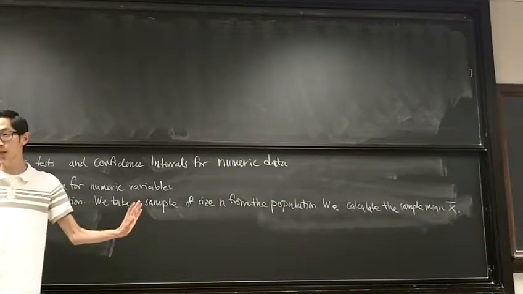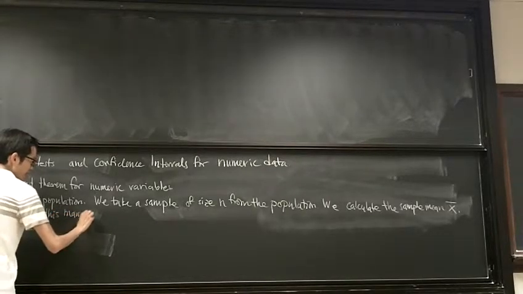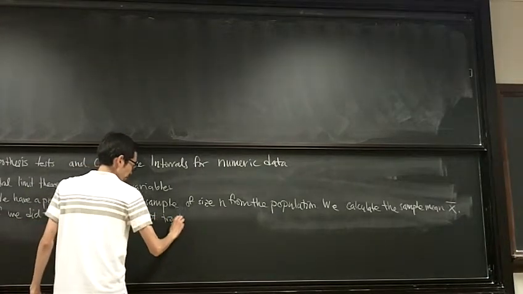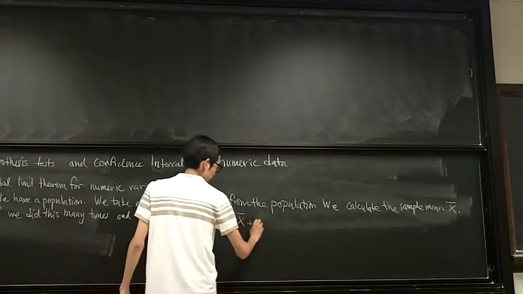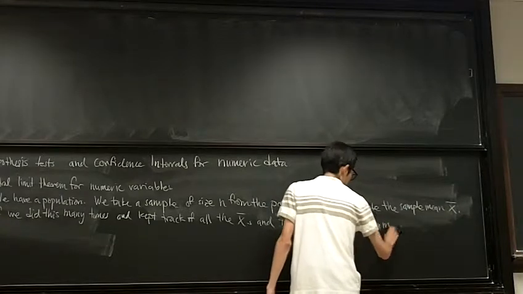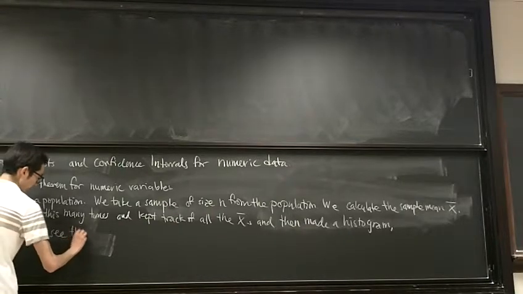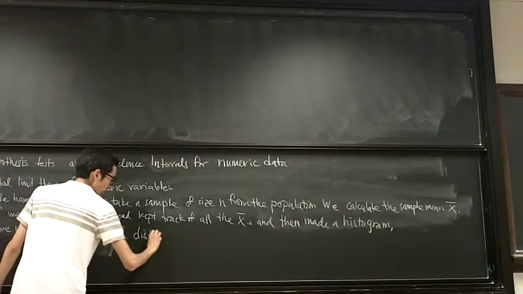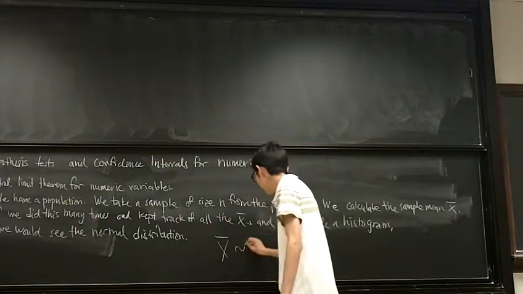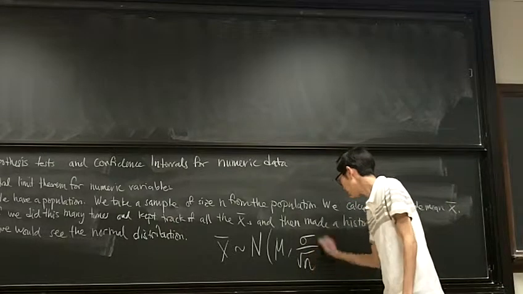And if we did this many, many, many times, and kept track of all the x bars and made a histogram, we would have the normal distribution. And so then we say x bar comes from the normal distribution, and the mean is mu, and the standard deviation is sigma over the square root of n.